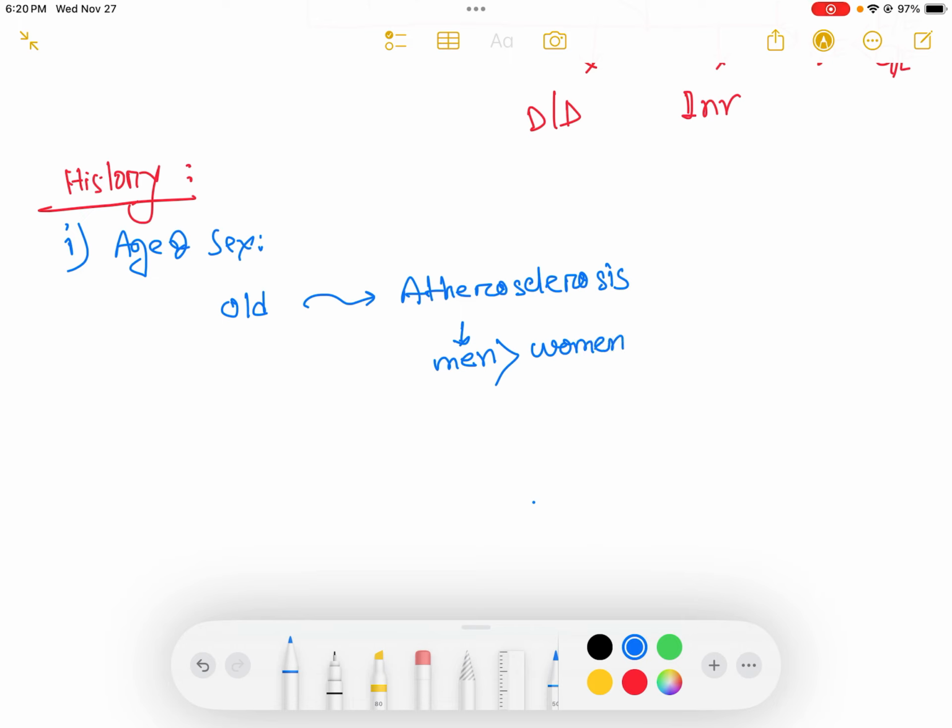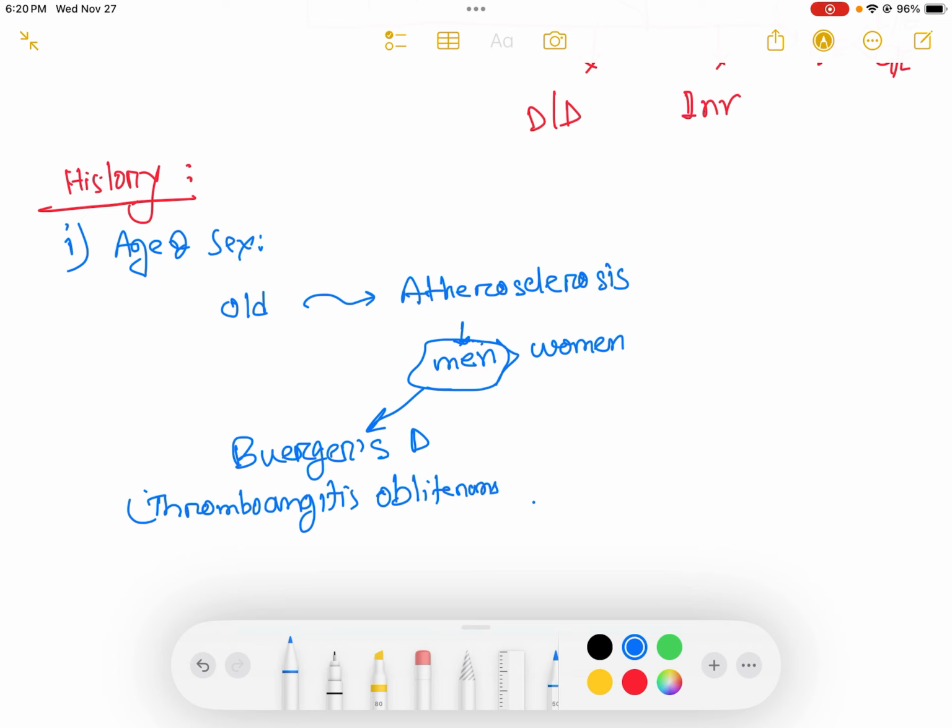Buerger's disease, also called thromboangiitis obliterans, is commonly seen in men between 20 and 40 years of age.